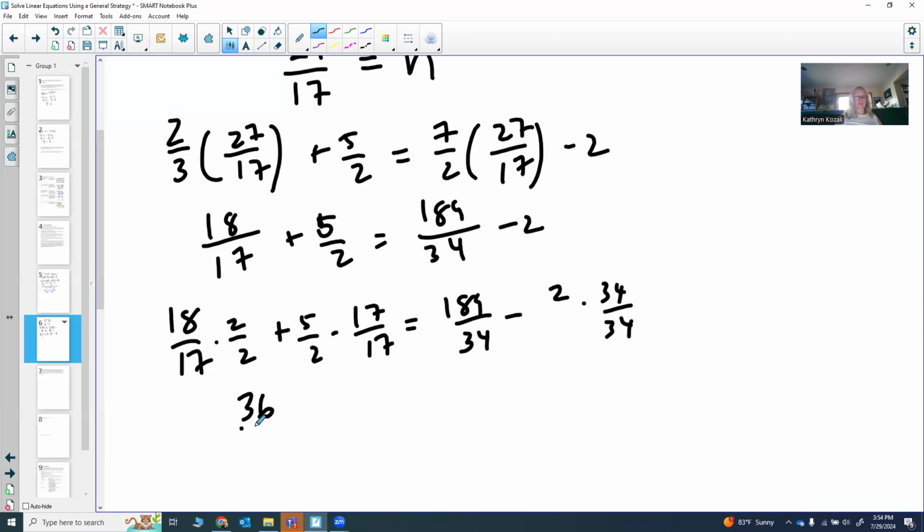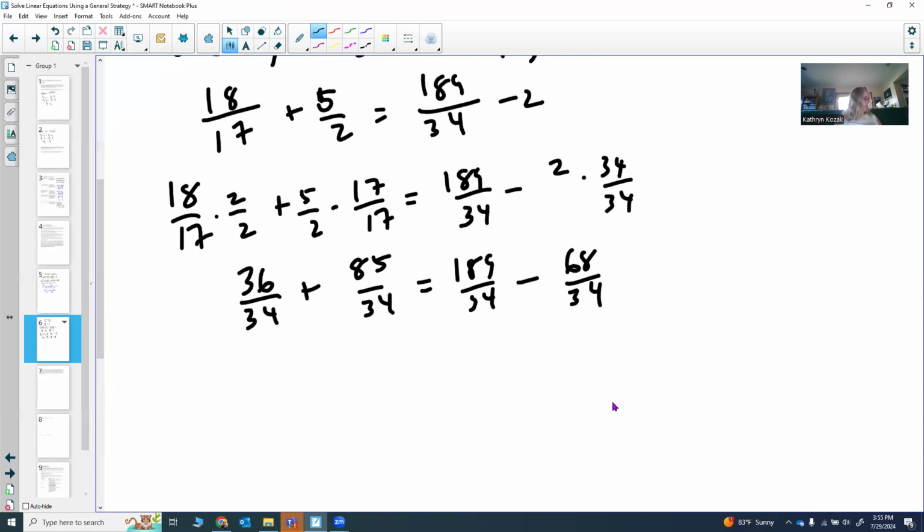So you have 36 over 34 plus 85 over 34 is equal to 189 over 34 minus 68 over 34. That gives 121 over 34 equals 121 over 34. So 27 over 17 is a solution to the equation 2/3 n plus 5 halves is equal to 7 halves n minus 2.